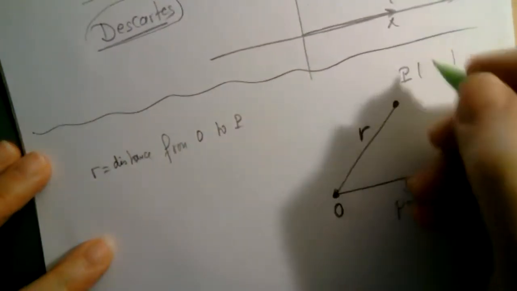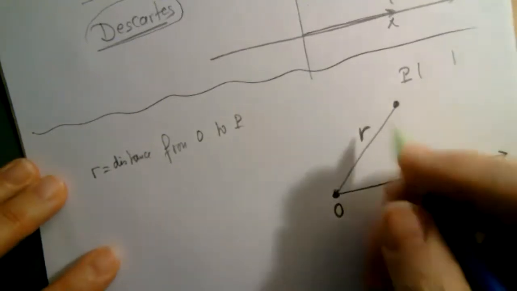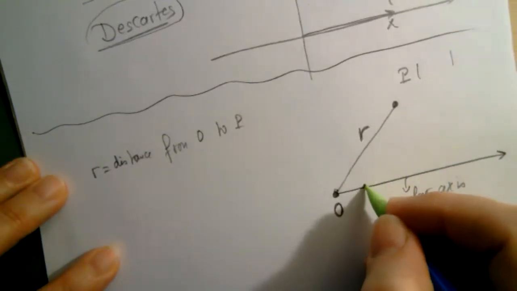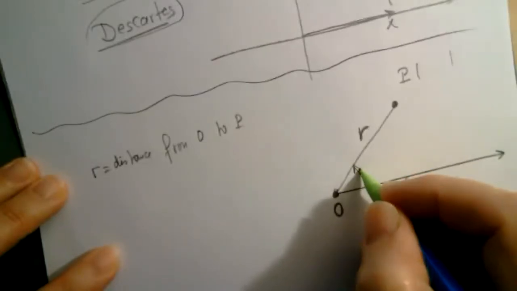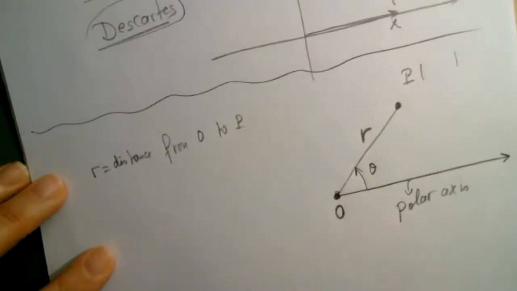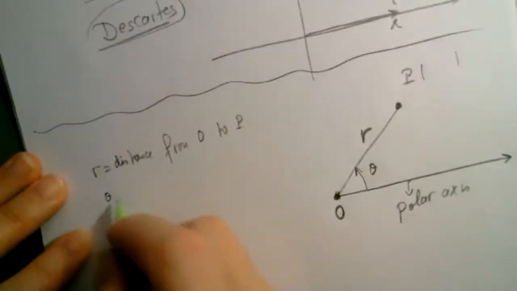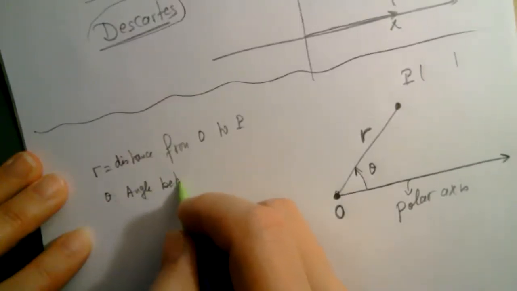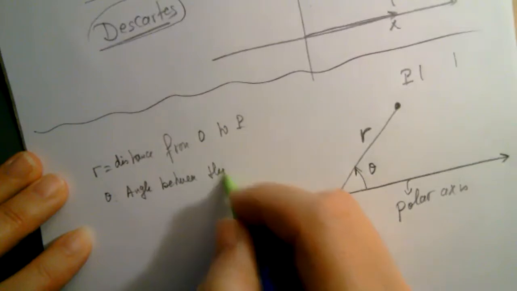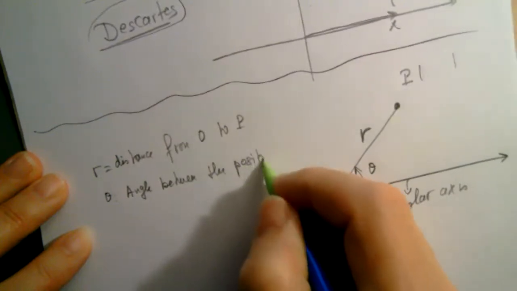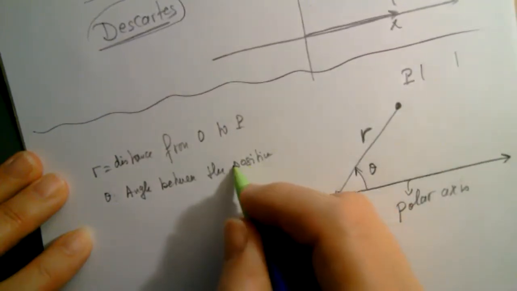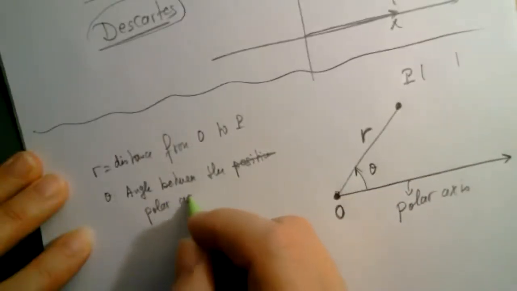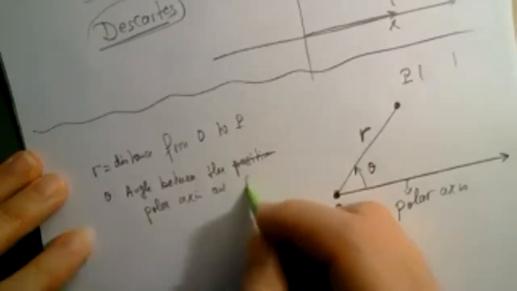Then I will tell you the angle between the polar axis, which is for you the positive x-axis, and the line OP. So that's my angle theta. It's a very specific angle, measured between the polar axis and OP.